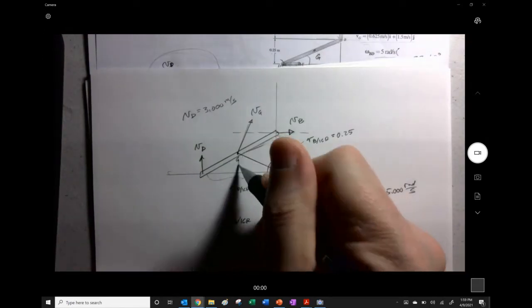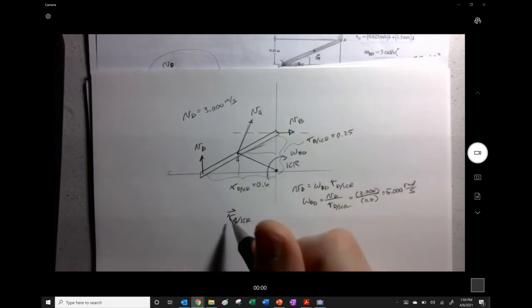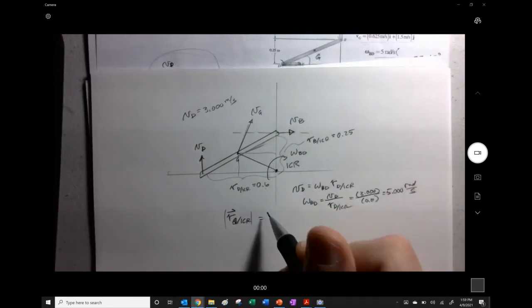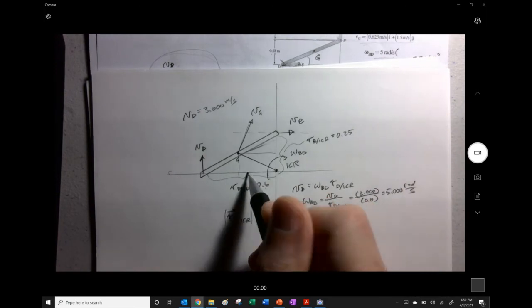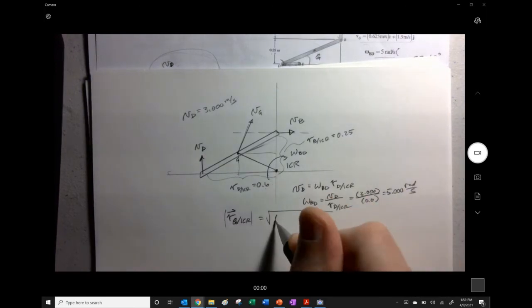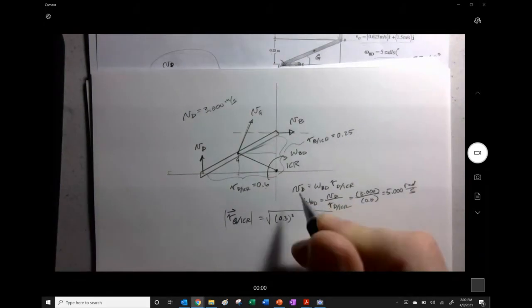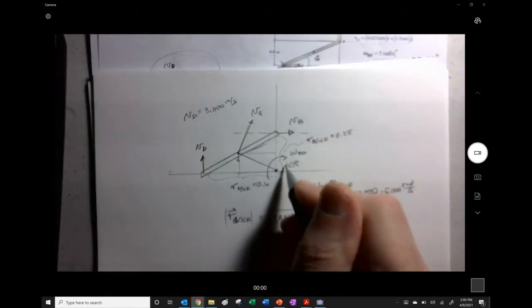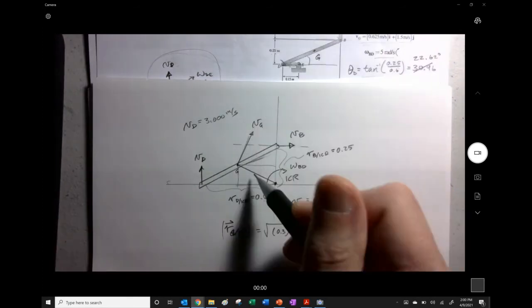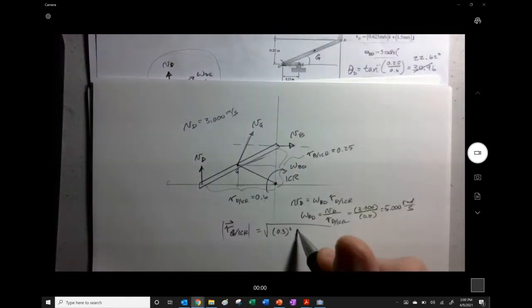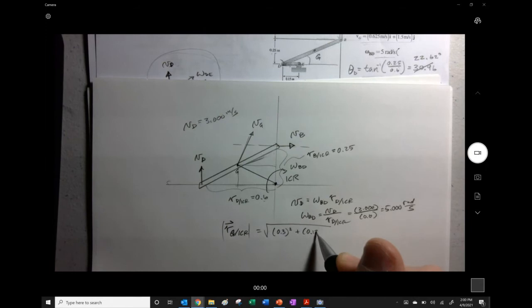First off, we need the distance, and that's going to be the square root of 0.3 squared, and this distance right here is 0.125 squared.